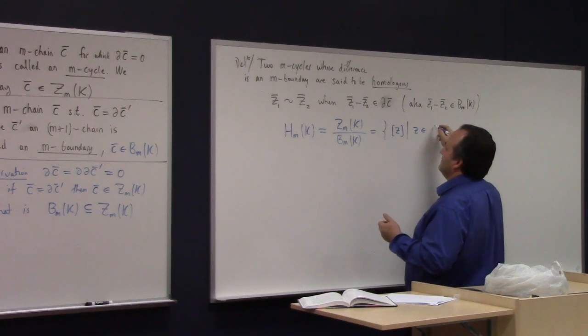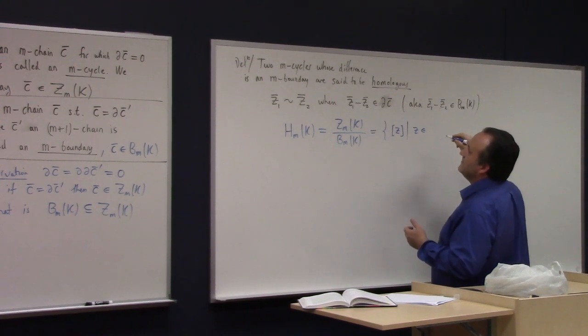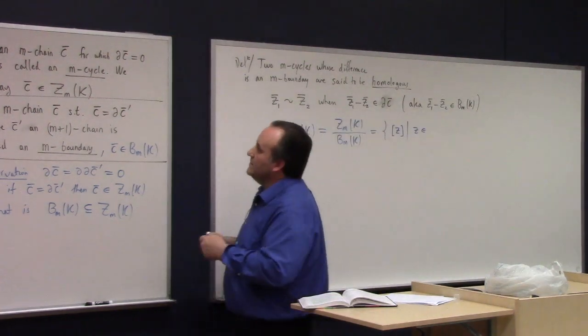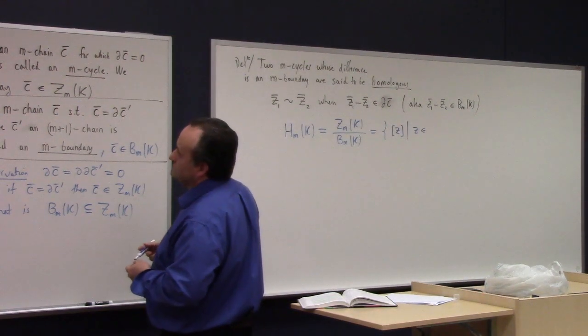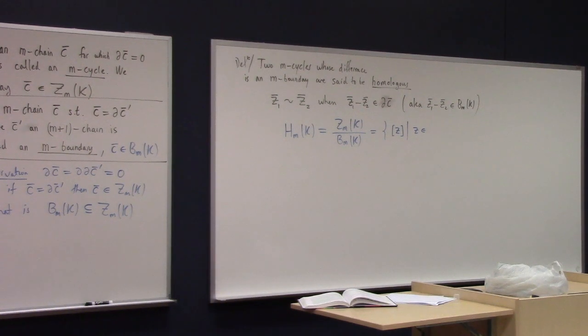What's the difference between a cycle and a chain? I lose track of words at some point in here.